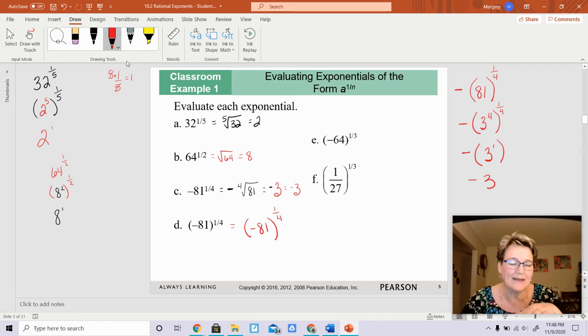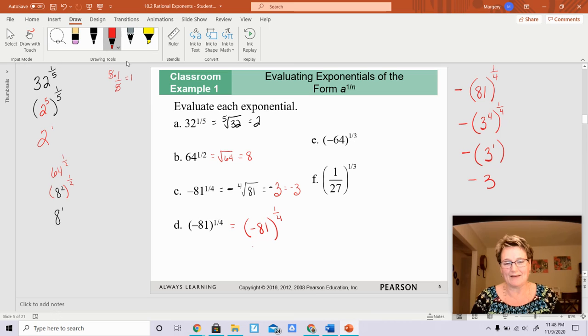At this point, I don't think they're really worried about you understanding an imaginary number. So we could break this up, and it would give you i, but you would have to do a lot of work on it.